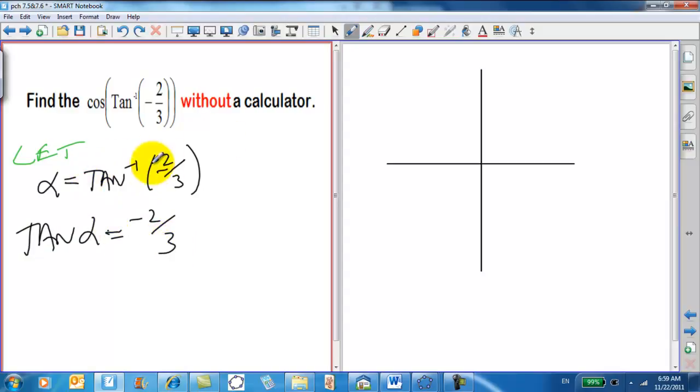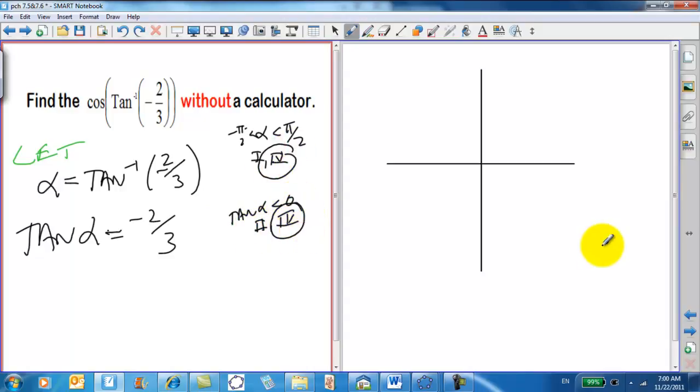Now keep in mind that since alpha was the inverse tangent of a number, it's got to be between negative pi over 2 and pi over 2. That puts us in quadrants 1 or 4, and the tangent's negative in quadrants 2 or 4, tangent is less than 0 in quadrants 2 or 4. So that's how we know it's got to be a quadrant 4 angle.